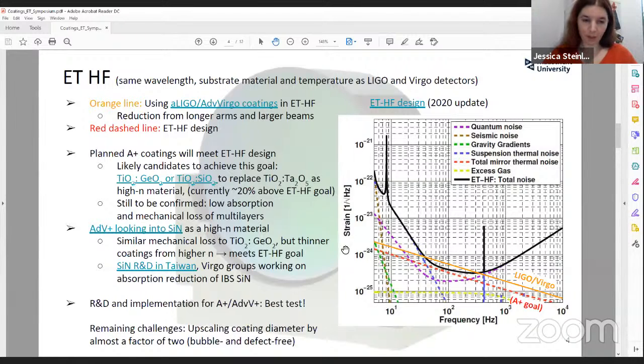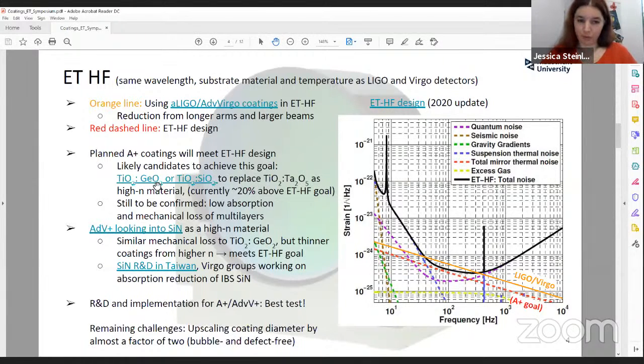For Advanced LIGO Plus, we currently have 2 candidate materials which would almost meet this goal within about 20% according to current status. And these are titania doped germania or titania doped silica to replace the tantala in the coating. The silica is fine, so the tantala has a high mechanical loss, much higher than the silica, and dominates coating thermal noise.